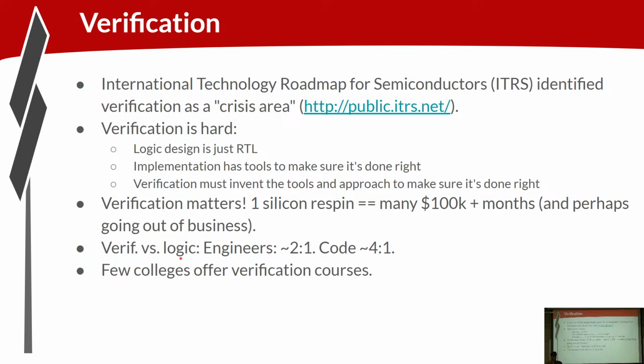Generally, today we see about 2 to 1 for verification engineers versus logic designers. The amount of code that verification engineers produce is probably 4 to 1 versus logic designers, right? Which kind of makes sense.